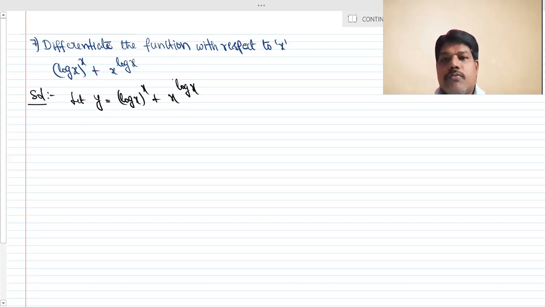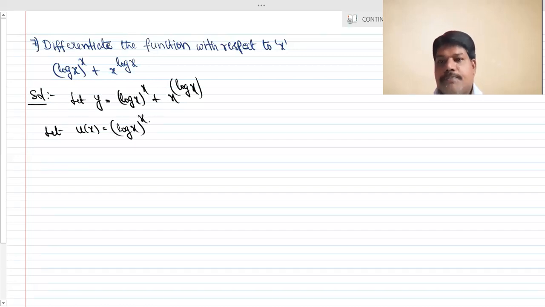What I told you is that if the functions are in the form of f of x power g of x, for these types of questions you have to apply the log. Here two functions are there, so separately we take the first term as u of x. It is nothing but log x whole power x.